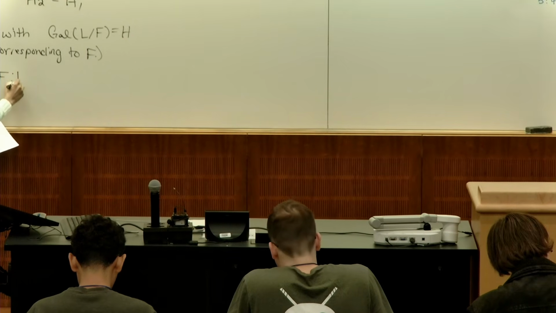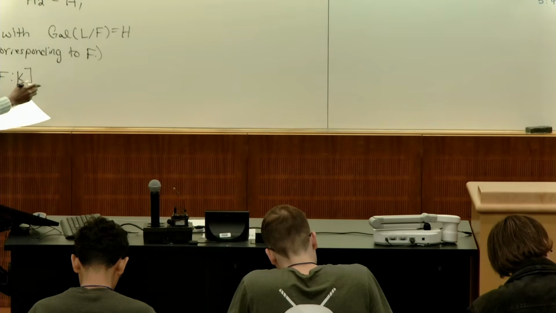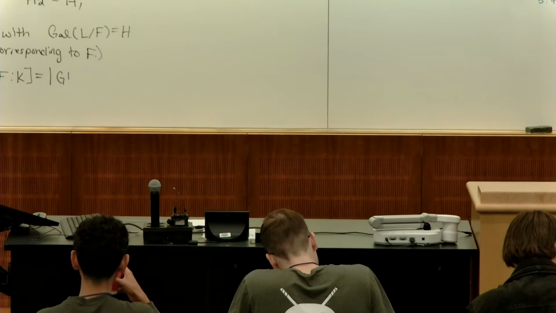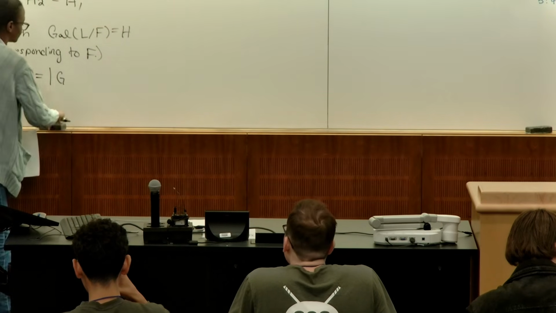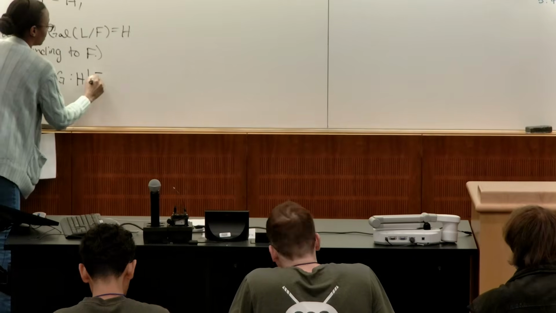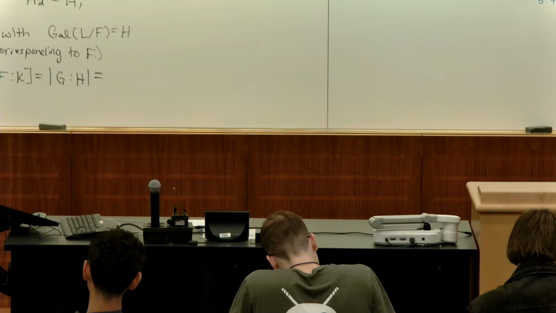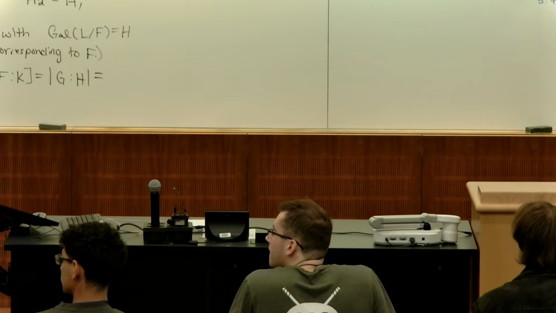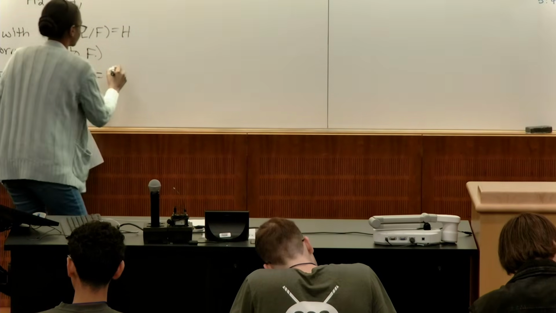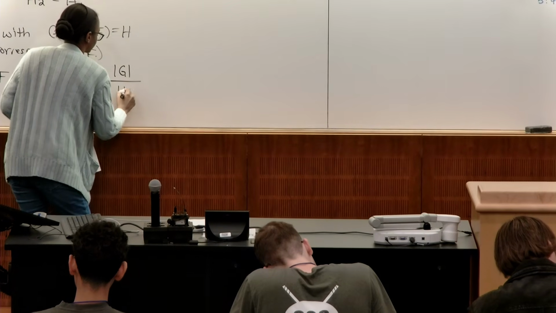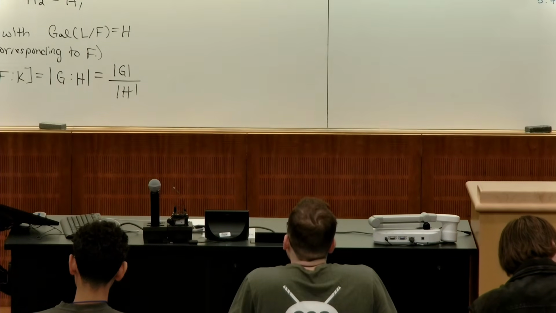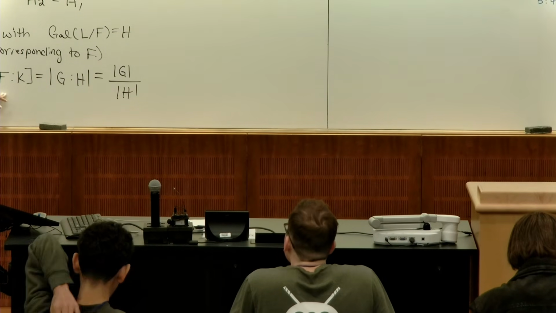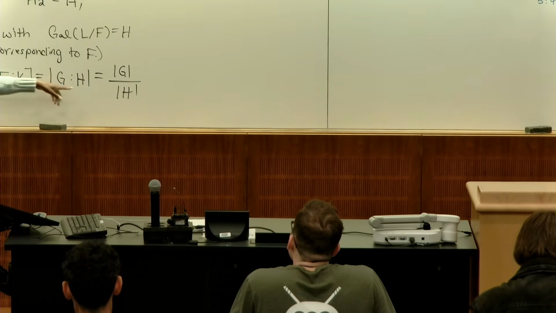And if I want to know the degree of F over K, what I want to know is the index of H in G. But because we're dealing with finite groups, we have a nice formula for what the index of H in G is. Does anybody remember? Say it again. It's the order of G over the order of H. Okay, so if I want to find a subextension of a particular degree, what I'm looking for is a subgroup whose index is equal to that degree.